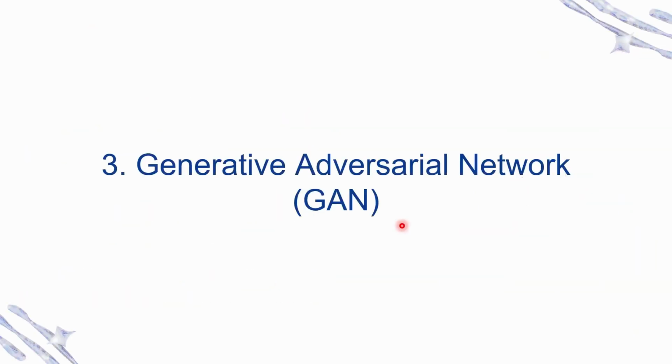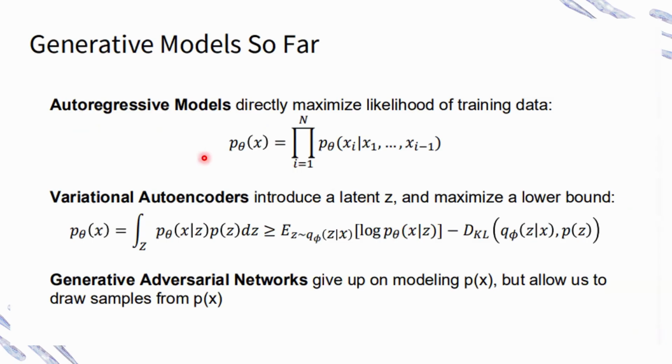Okay, so if you recall, the first two that we have so far are the autoregressive models, which use probabilistic Bayes rules and the conditional joint distribution, and then the variational autoencoders, which rely on the latent Z and maximizing a lower bound.